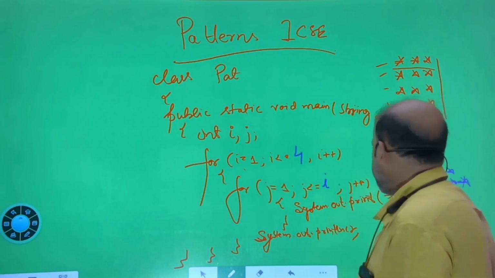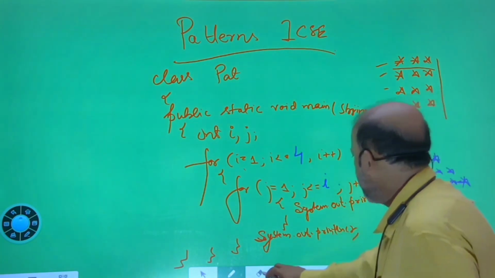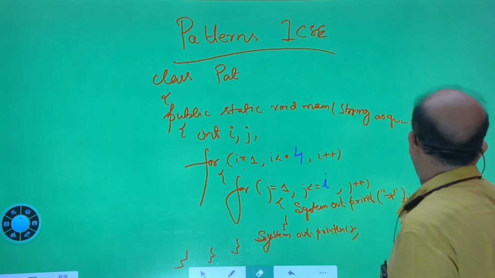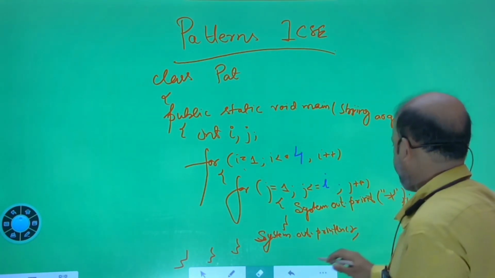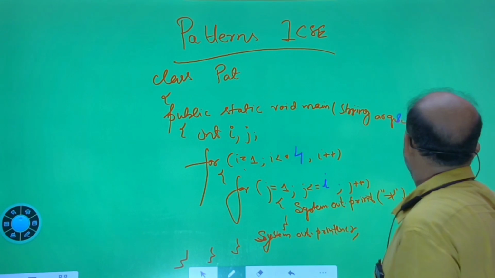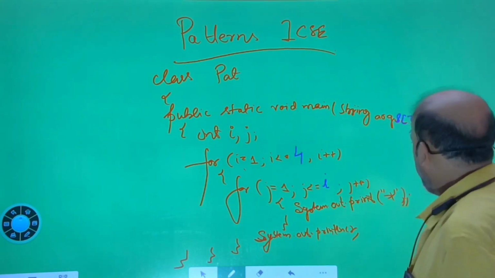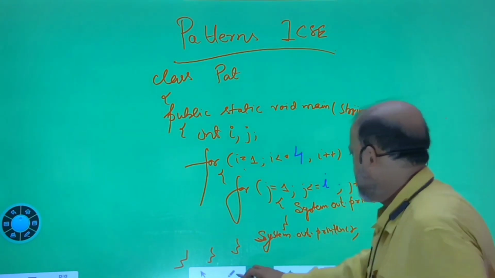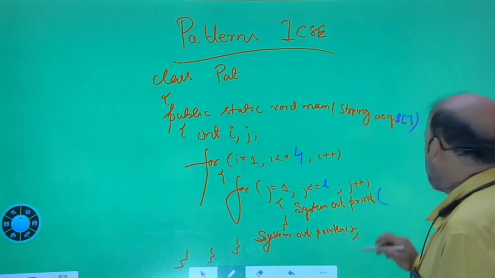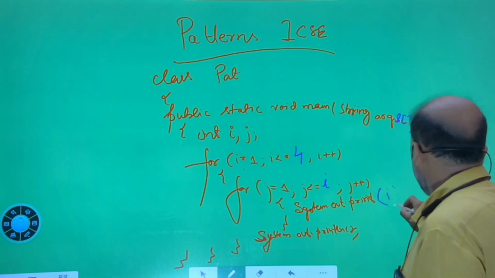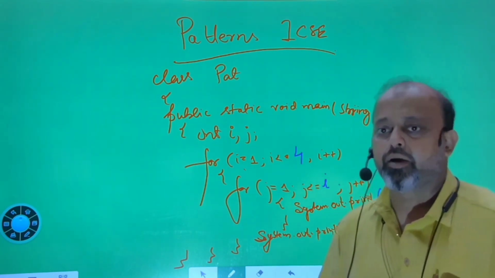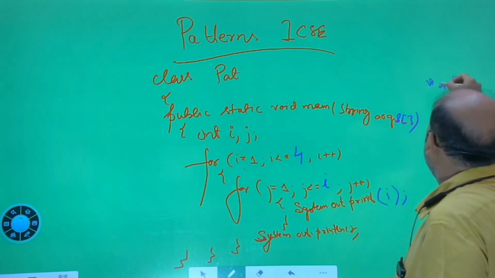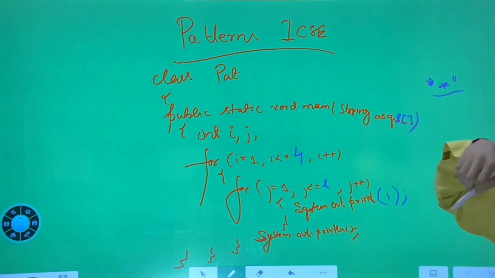Now again some changes in the same. Instead of this star, suppose you are printing i. You have to think what is happening here. See, whatever you give in double quotes will be printed as it is, right?